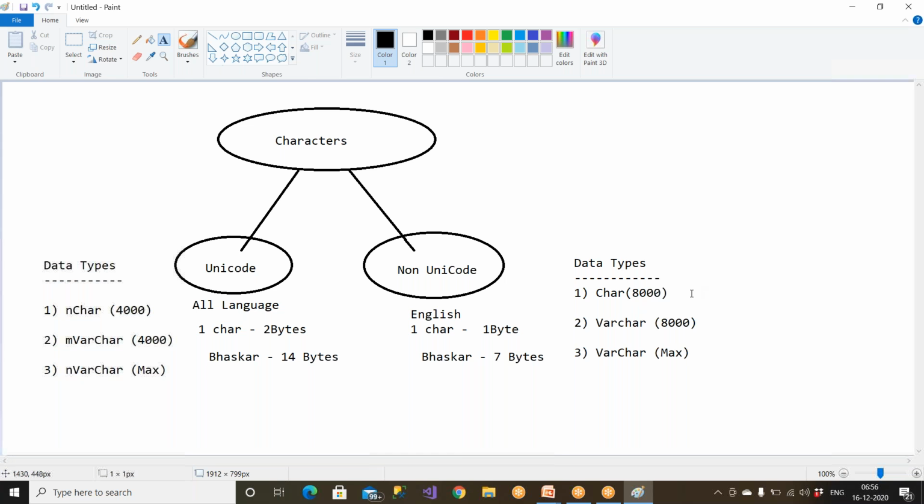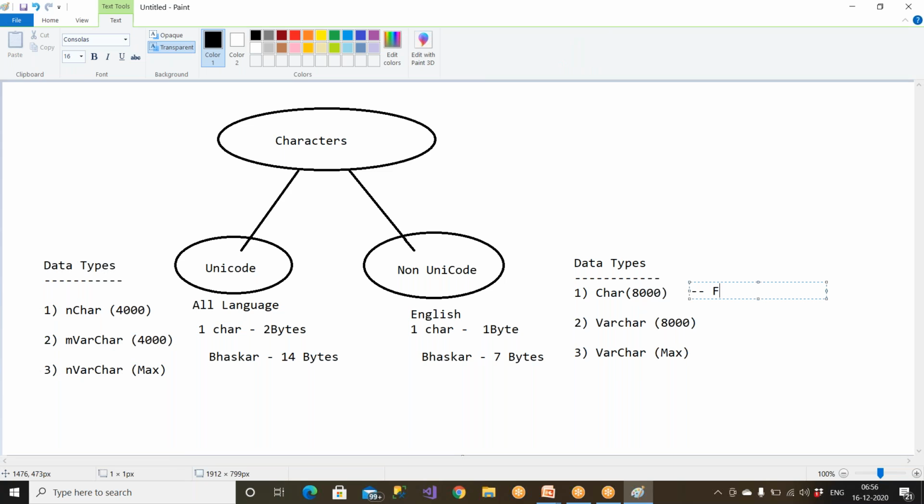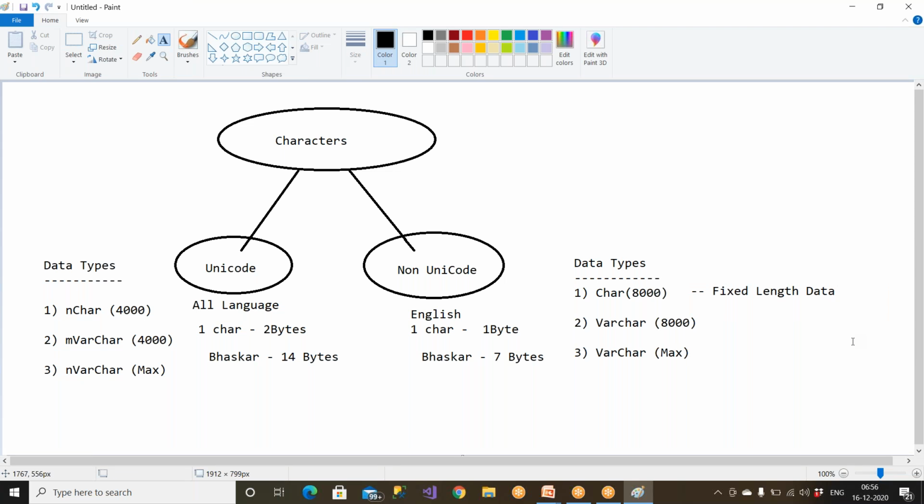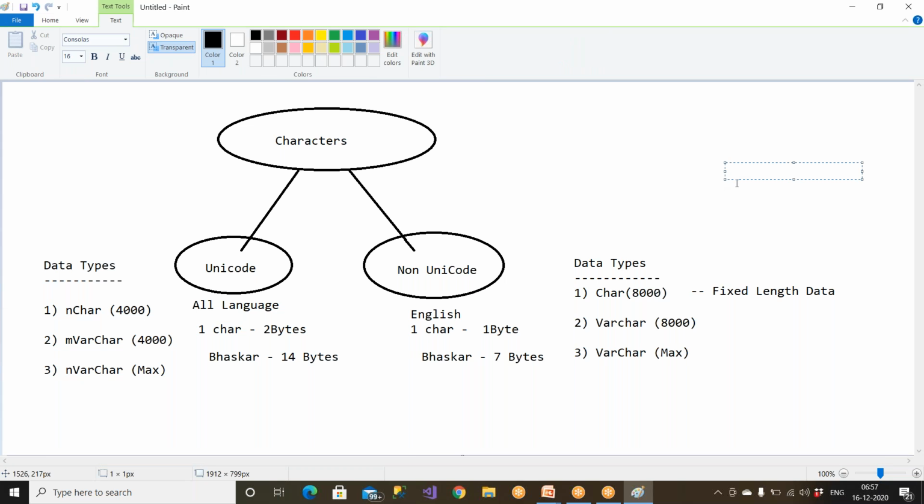So the question is, if you have fixed length data, when should you go in for char or nchar data? Fixed data length means the length will not change. Clear? For example, my phone number or my postal code.